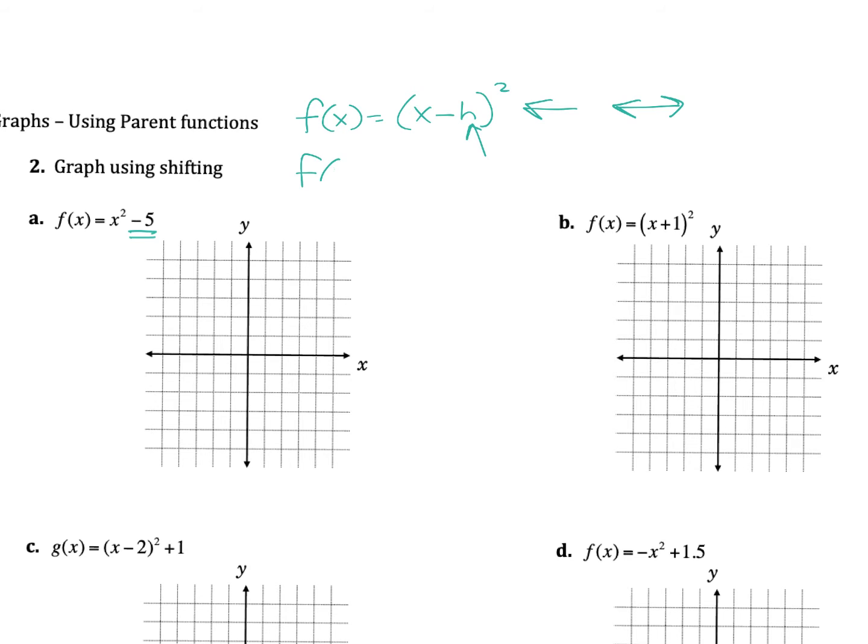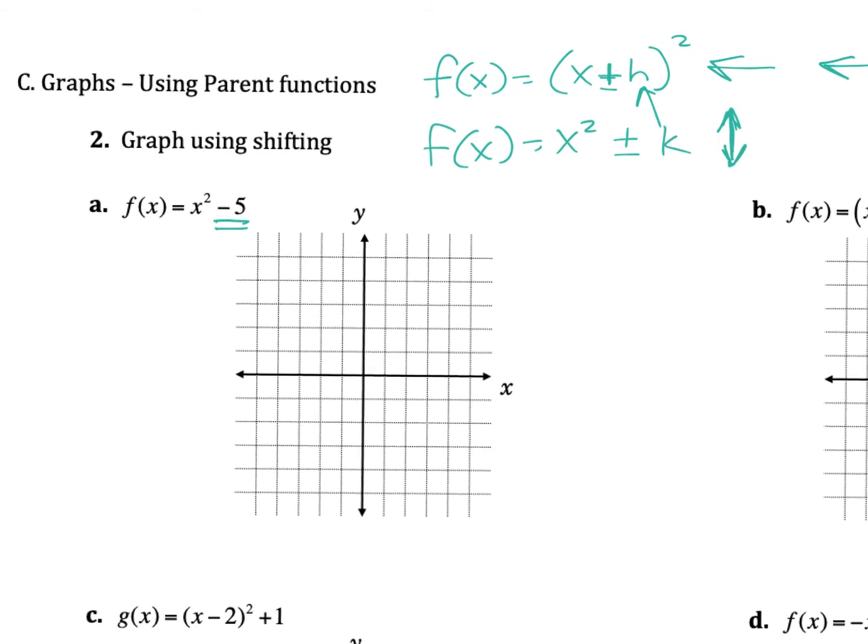When it's like this, f of x equals x squared plus or minus your k value. I'm going to write plus or minus here because it could be either. If it's your k value outside of it, that's when we move up and down. So keep that in mind. That should not be new information. You've done this. But just to recap here.